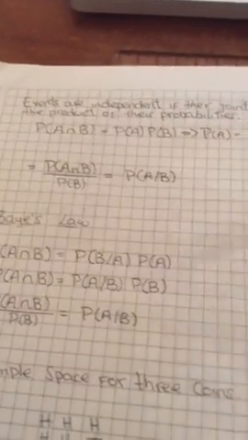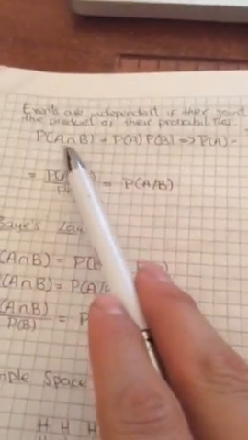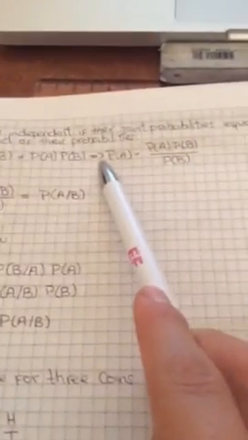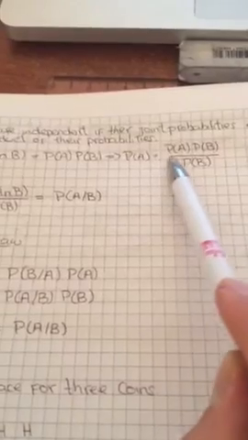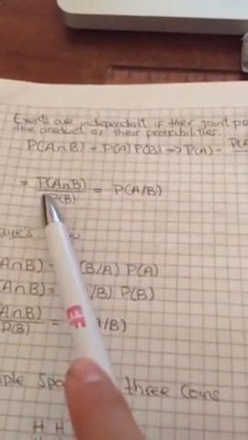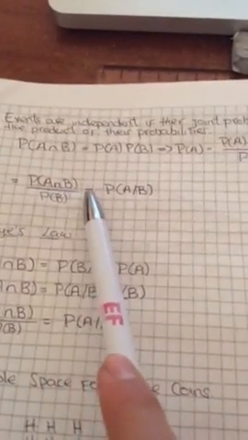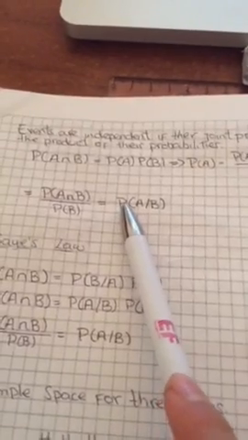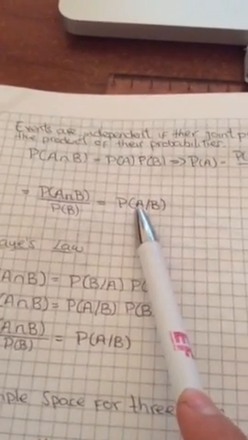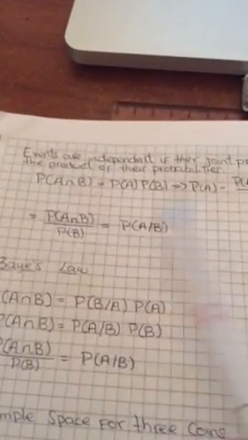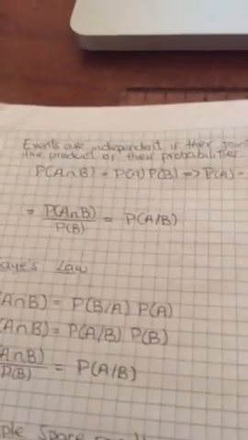So for example, the probability of A intersection B equals the probability of A times the probability of B. So this means that the probability of A equals the probability of A times the probability of B over the probability of B. The probability of A intersection B over the probability of B equals the probability of A given that B has already occurred. This is what we meant by independent conditions.